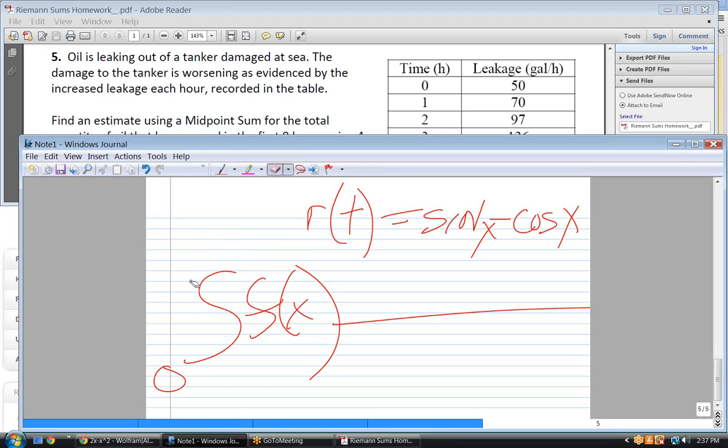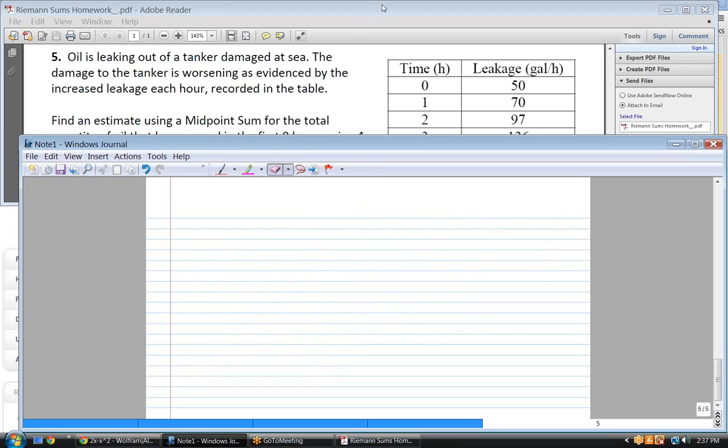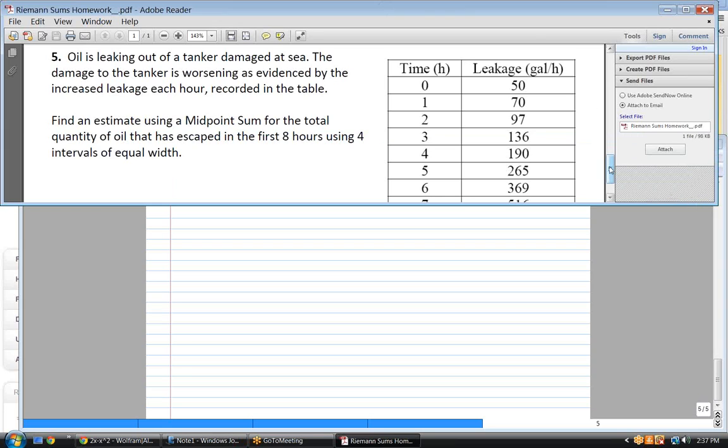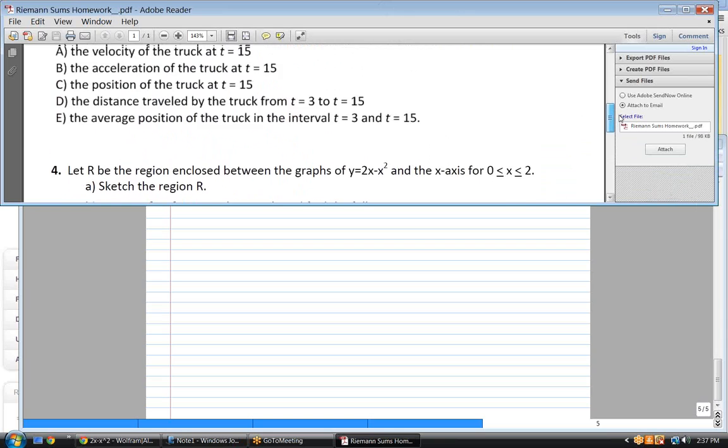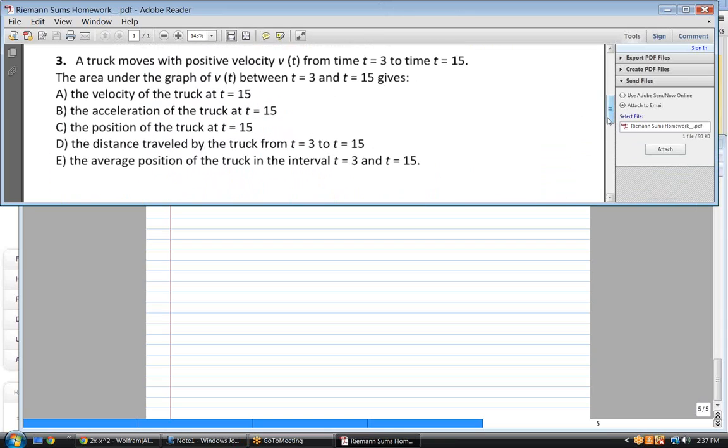Same way that when we had the velocity function and we were trying to figure out the total distance traveled, that is the integral of this velocity function evaluated from 3 to 15.